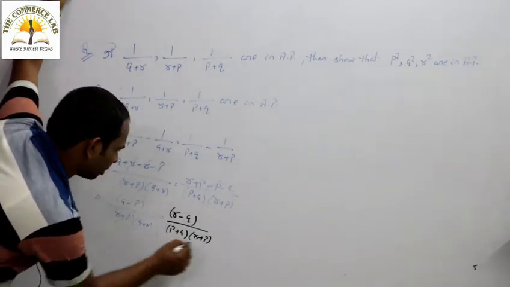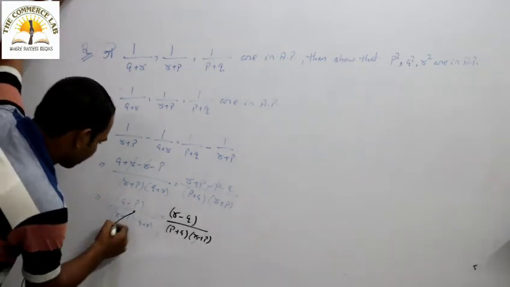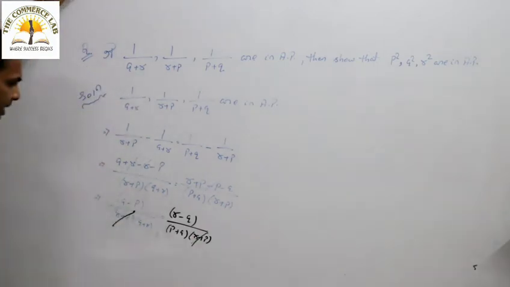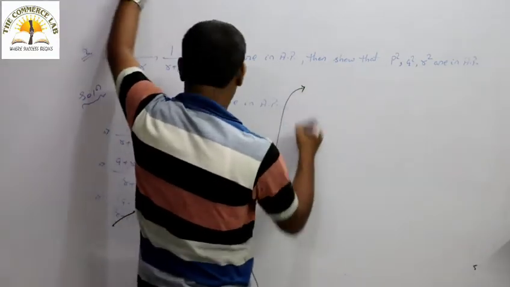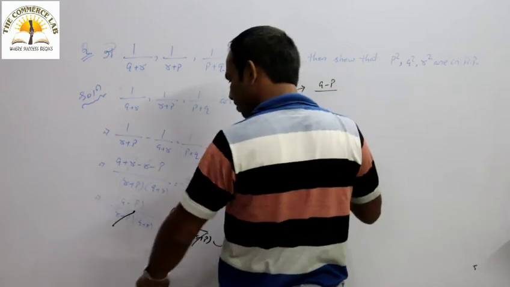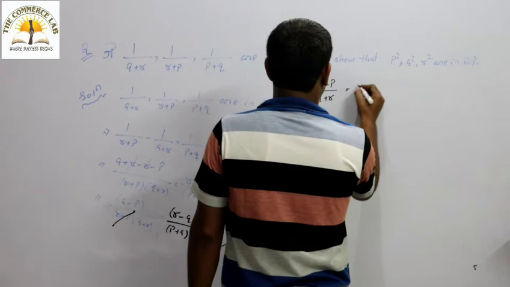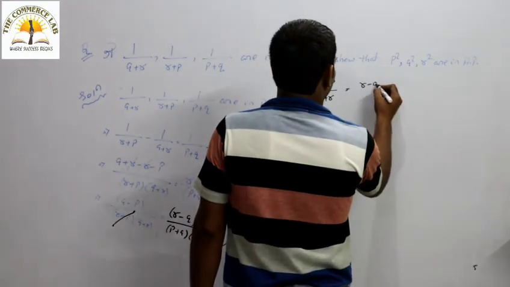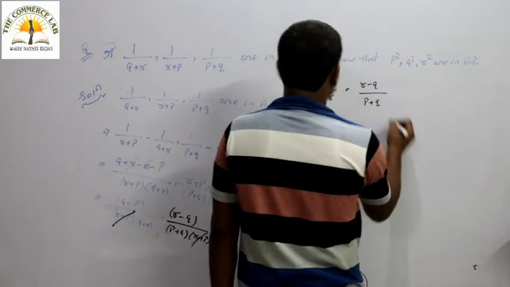So r plus p get cancelled, r plus p get cancelled. This implies (q minus p) by (q plus r) is equal to (r minus q) divided by (p plus q).